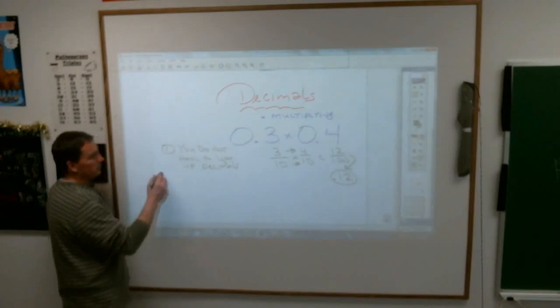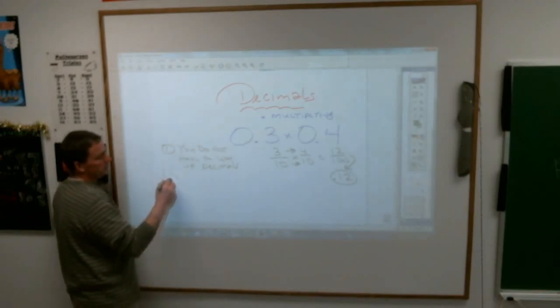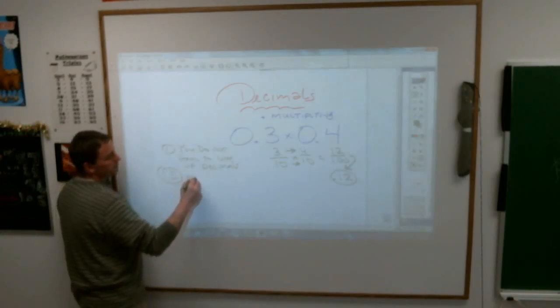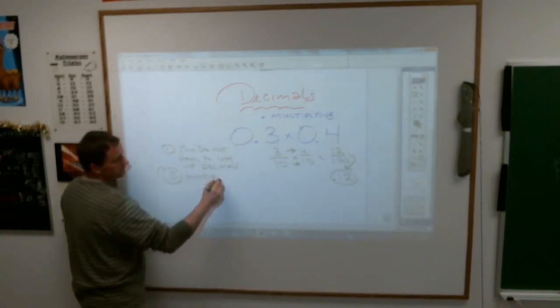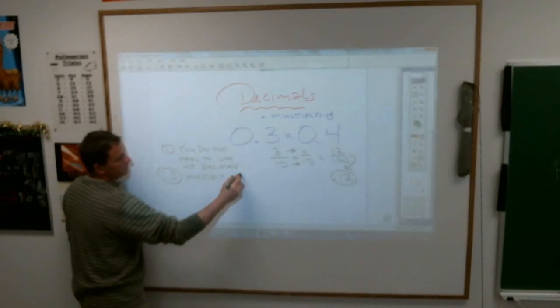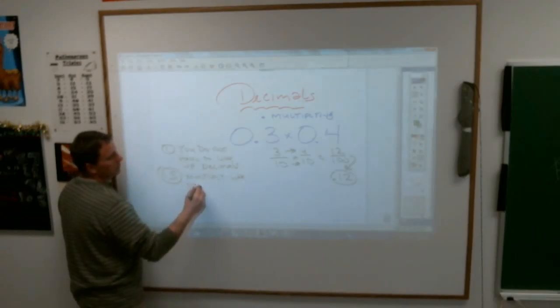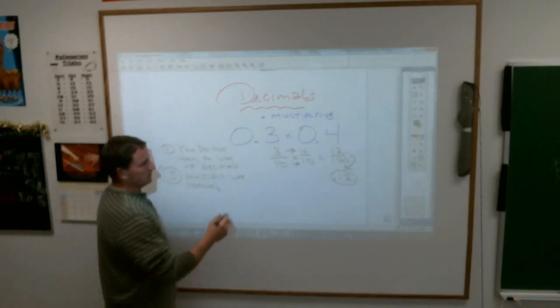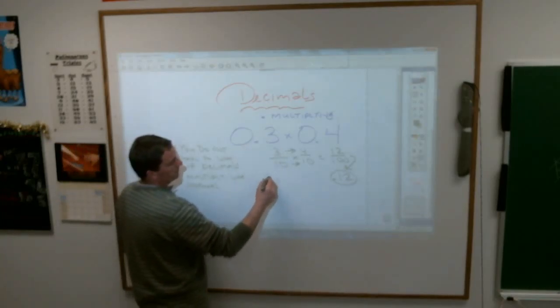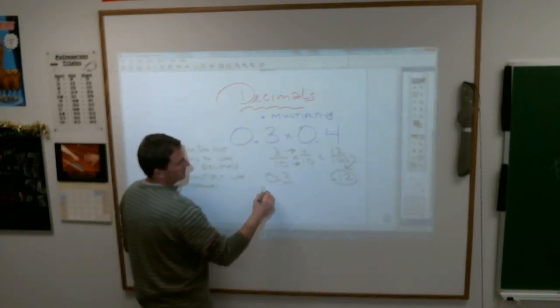So step number 1.5, which is really what usually is the first step, is you multiply the numbers like normal. In other words, don't even think about the decimals. So if I was multiplying 3 times 4, I write it down like this.